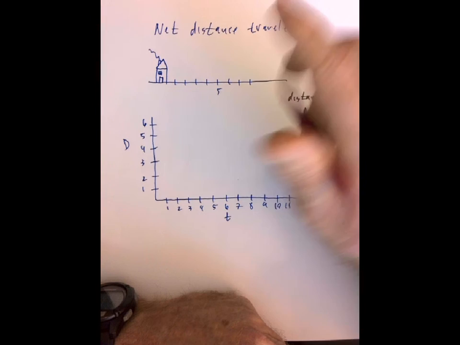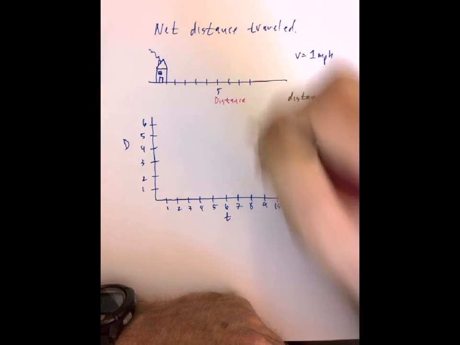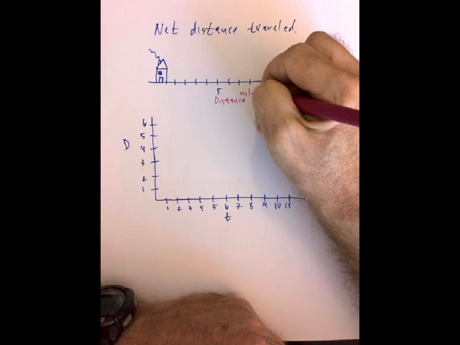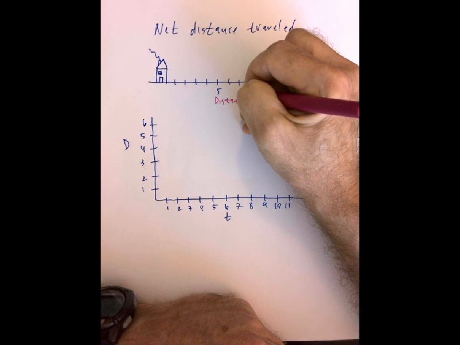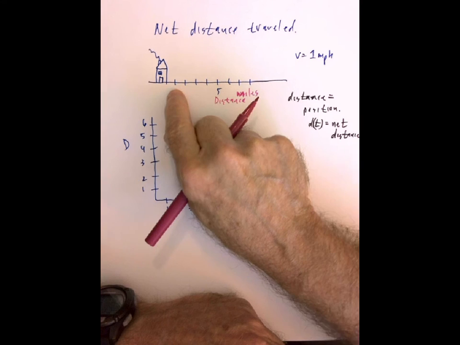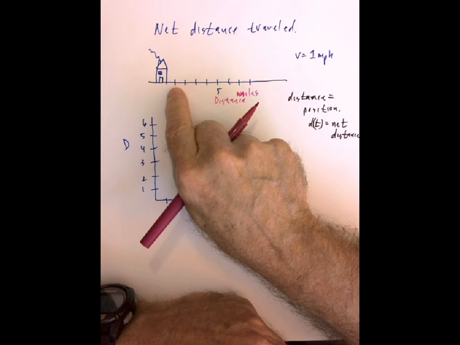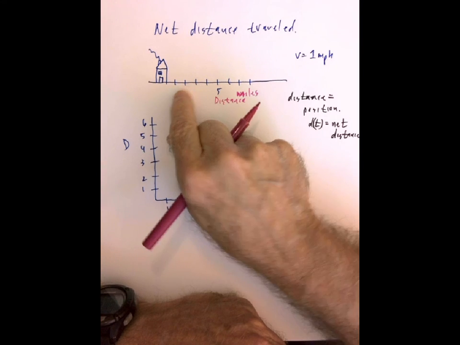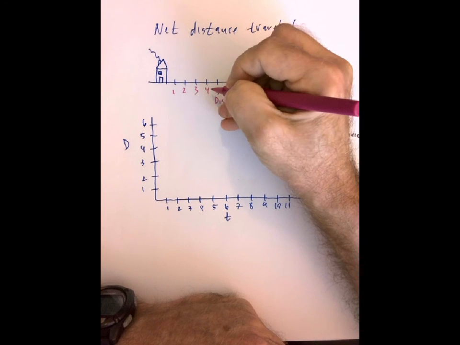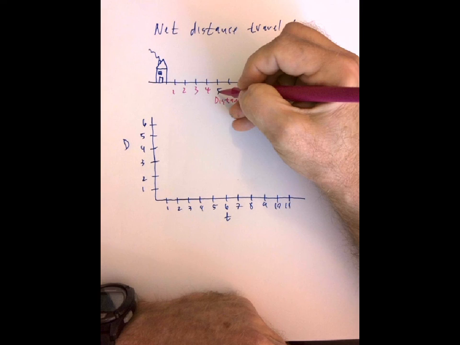Okay, and this by the way is like a little distance timeline or number line here. And this is the distance in miles, right? After 1 hour, since he's going 1 mile an hour, he's gone 1 mile, after 2 hours 2 miles, after 3 hours 3 miles, after 4 hours 4 miles, and after 5 hours he's gone 5 miles, right?